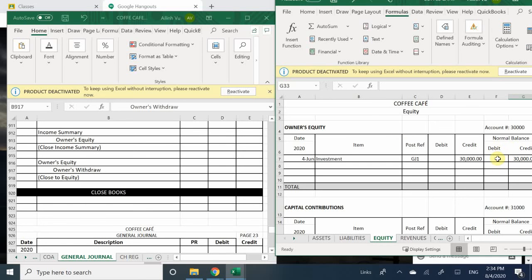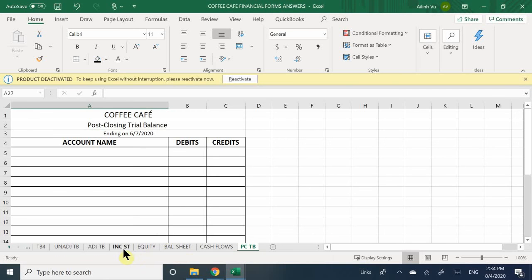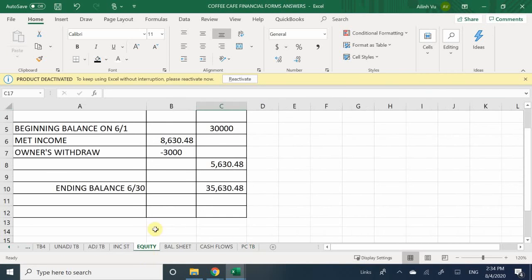The value of your equity should match 100% to the equity that you've calculated in your statement of equity. If this and that does not align, you probably missed something as far as piecing these files together. The balance for 35,630.48 is your reference point to make sure that you did that correctly.